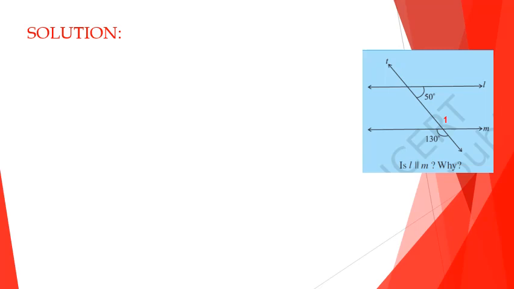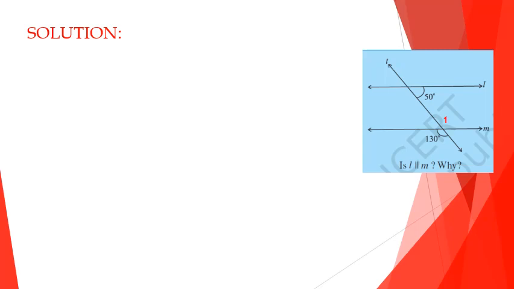Alternate interior angles are also not given. And also, we are not getting the interior angles on the same side of the transversal. Then how can we check whether the given lines are parallel or not? Yes, you can find any angle. Here, the angle opposite to 130, I made it angle 1.